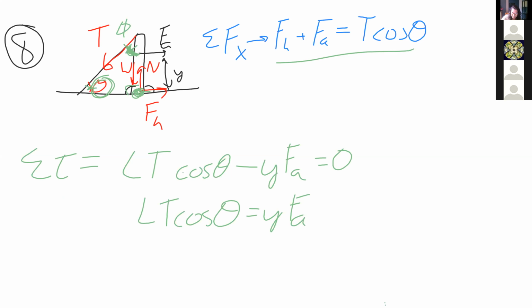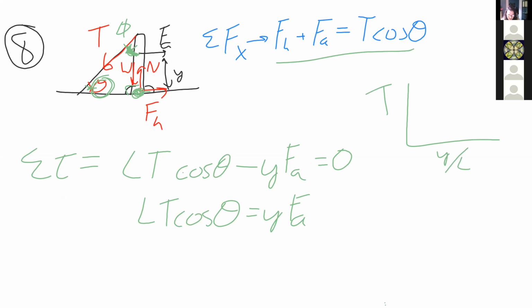So ultimately, I'd probably like to relate those two. And I know that I do have a relationship between the tension and y over L. I know that I have a graph. So the graph in part B gives me y over L versus the tension.